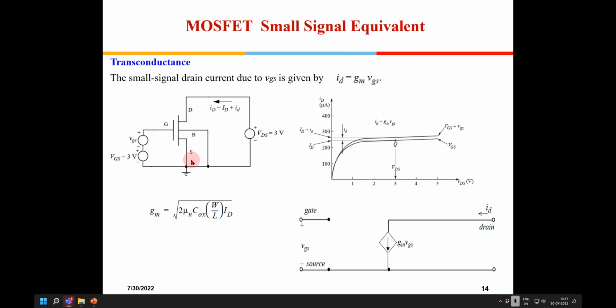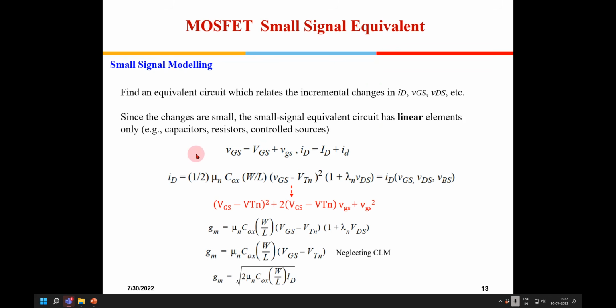So there will be some current flowing continuously here, unlike a digital circuit, and that will generate heat. So you will find that GM and ID is a trade-off. You can get higher gain by increasing ID, which in turn means you will have to generate more heat and consume more power for higher gain.